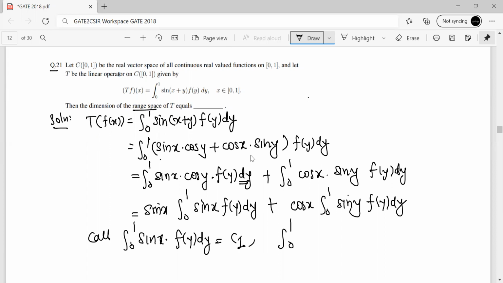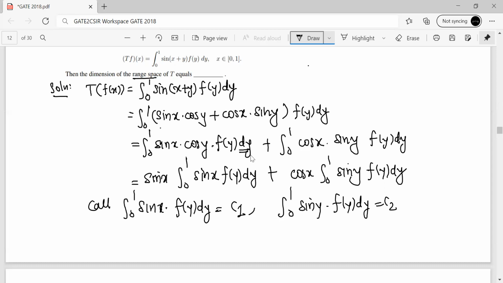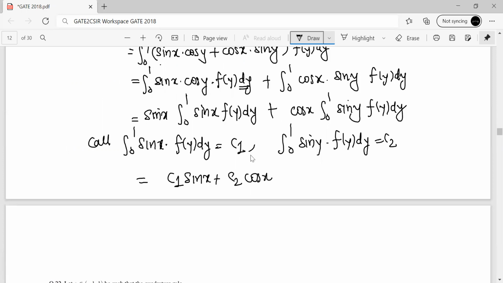The integral 0 to 1 sin y into f of y dy equals some c2. So basically I have c1 sin x plus c2 cos x, so that is the linear span of sin x and cos x. So T of f of x is this.